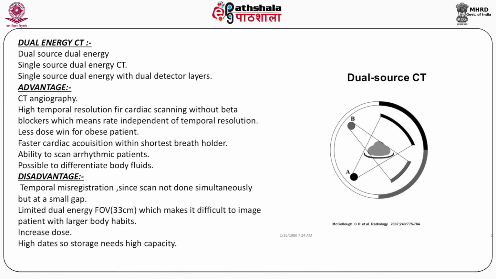Now the last section is the dual energy CT. In fact, this dual energy CT is the current type of CT scanner. The dual energy CT has dual source dual energy, single source dual energy CT, and single source dual energy with dual detector layers.